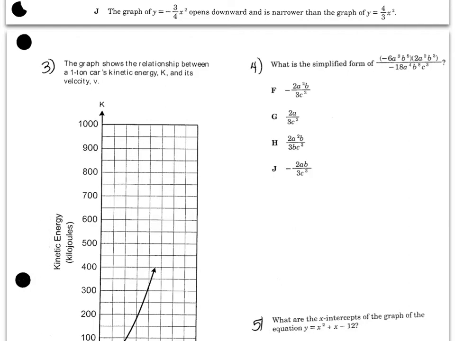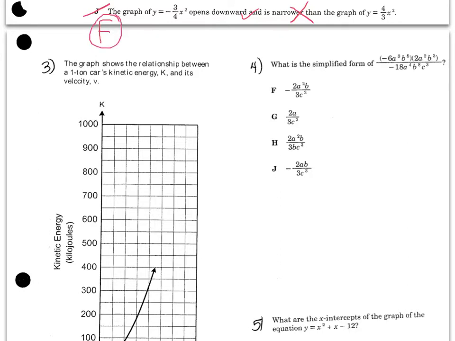Okay, answer choice J says the graph of y equals negative 3/4 x squared opens downward, which is true, and it is narrower than the graph of y equals 4/3. Well, that part is not true, and so that would not be an answer choice. So it looks like our first answer, answer choice F, is the correct answer choice.